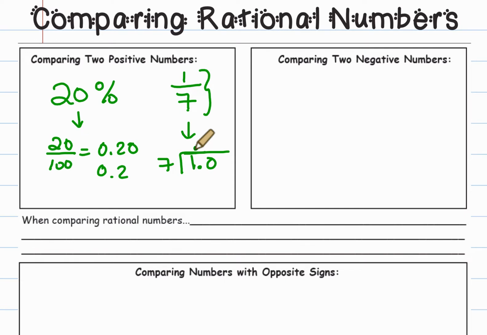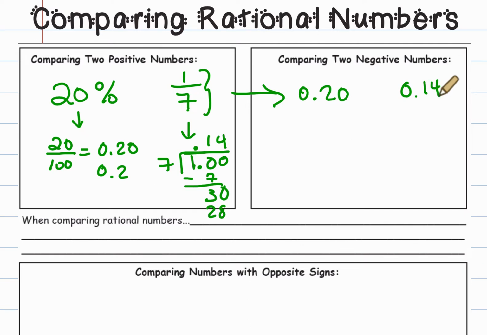7 goes into 10 once, with 3 left over, bring down a 0. 7 goes into 30 4 times. 4 times 7 is 28. Now, I actually have enough information to make a comparison, because I know that 20% is exactly the same as 20 hundredths, but 1/7 is approximately 0 and 14 hundredths and a little bit more.